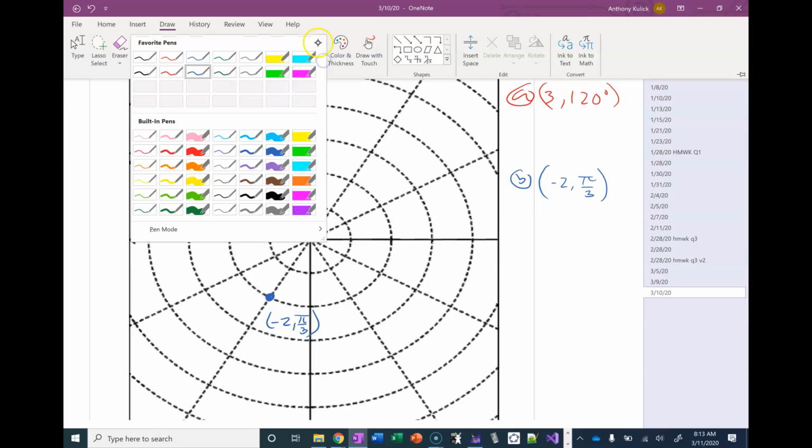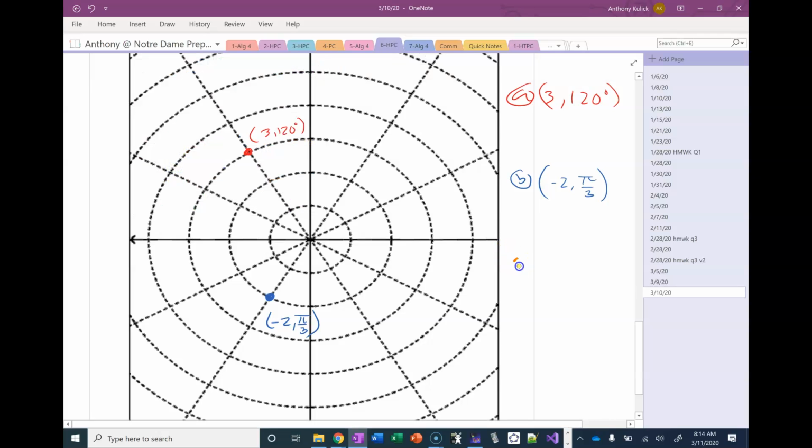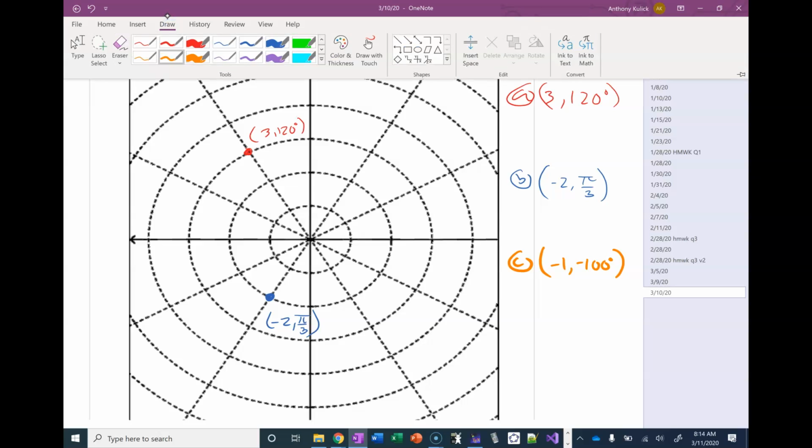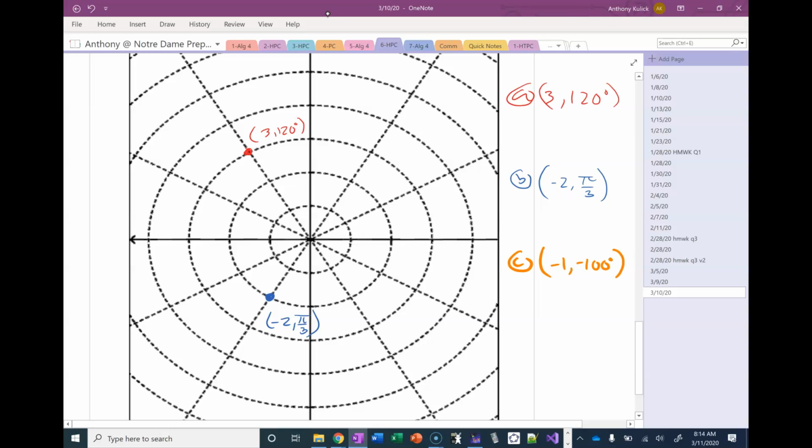And let's do one more. So let's do -1, -100 degrees. Remind me again, how do I deal with a negative angle?